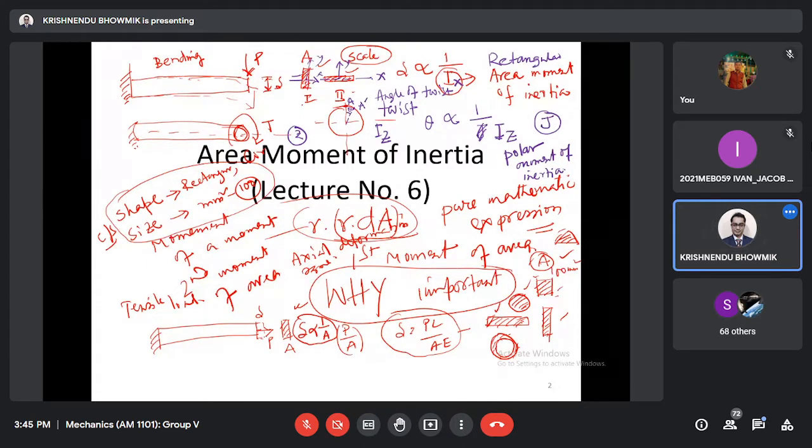Now, this is for your understanding of why we use moment of inertia in static problems. We are not dealing with dynamic problems. And that cross section A will be replaced by the area moment of inertia for those cases.